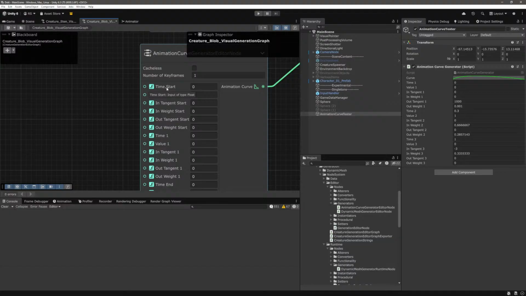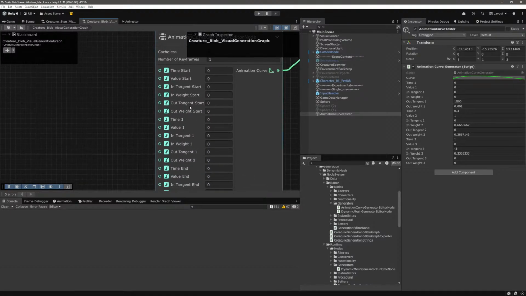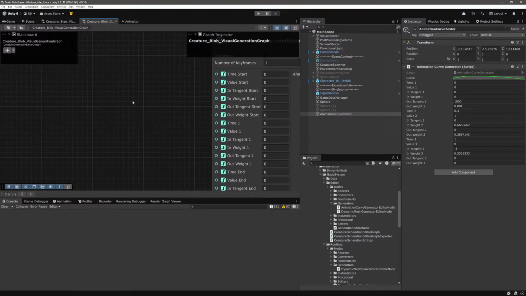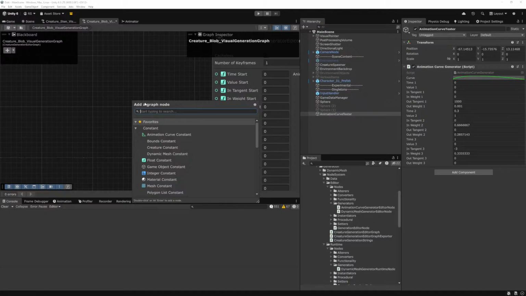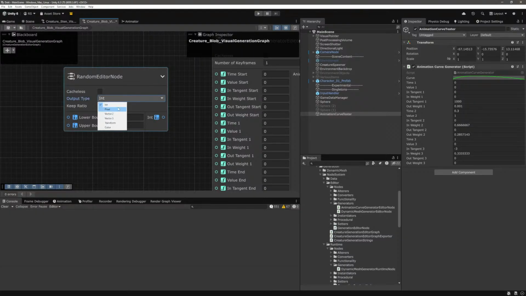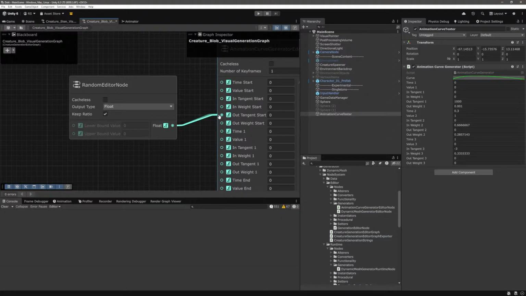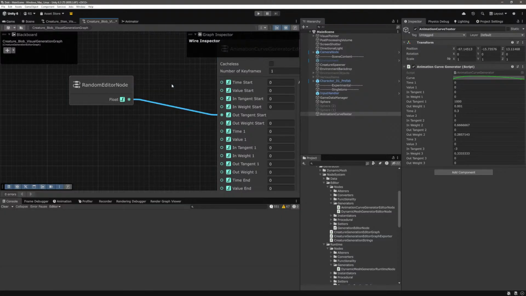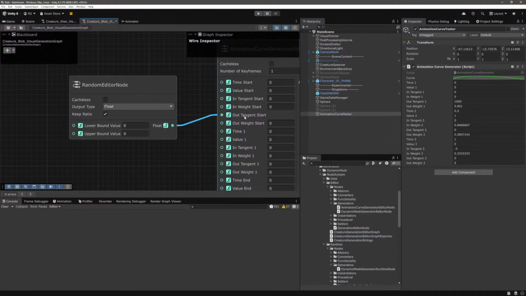Anyway, time start 0, value 0, value at start 0, in tangent 0, in weight 0. Then we have, and now we can do random editor node, float, out tangent.